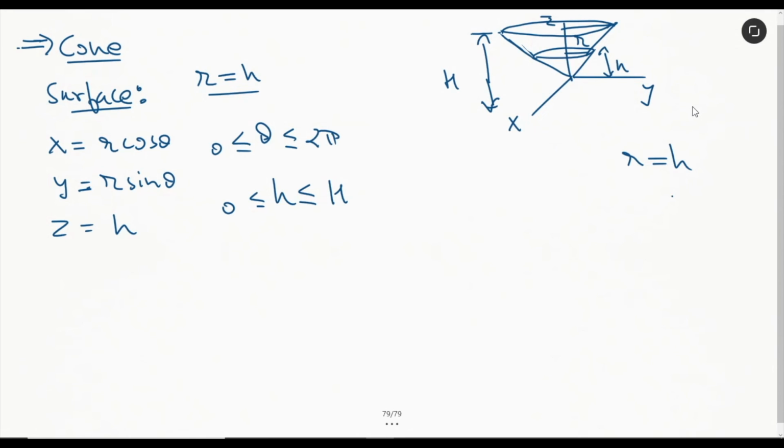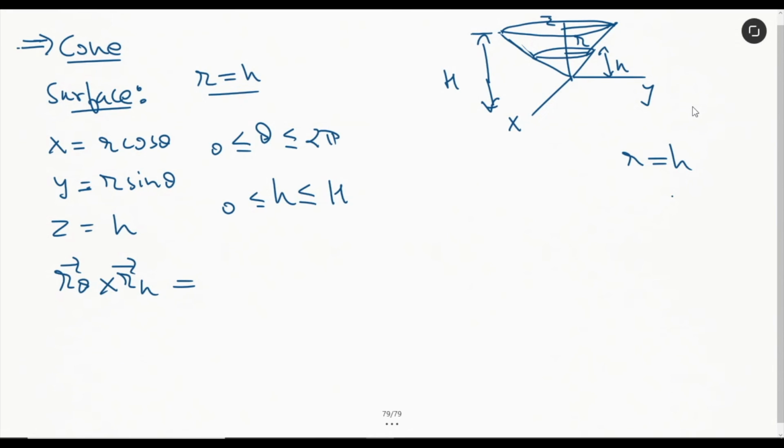So in this case, this r theta cross r, let's say the parameter is h, because h and r are going to be same in this case. Why not directly write what we are going to get?